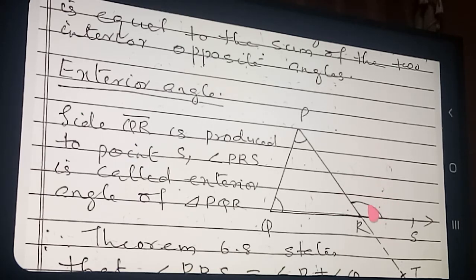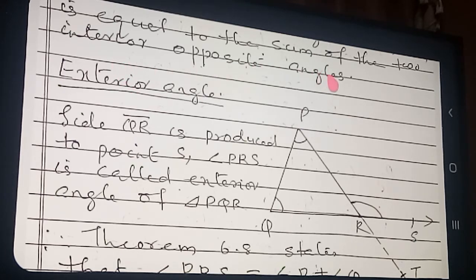And this angle we call the exterior angle at this vertex. Except for this angle R, which are the remaining angles of triangle PQR? Angle P and angle Q.